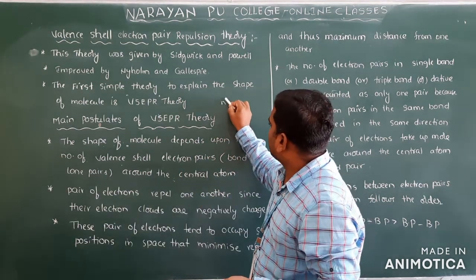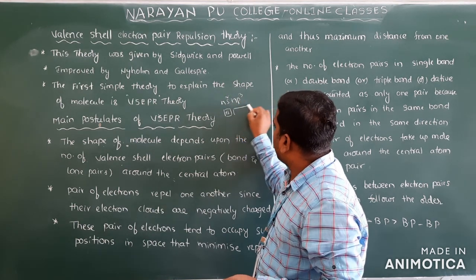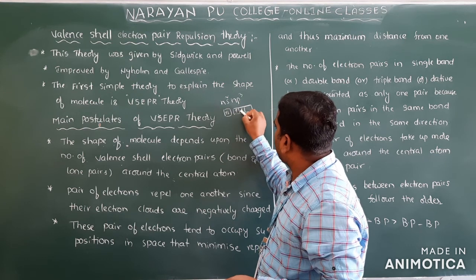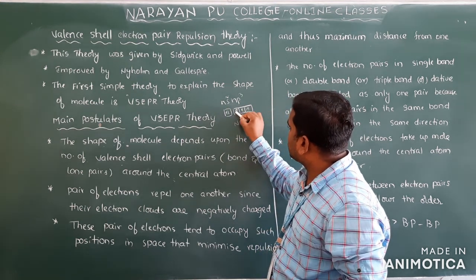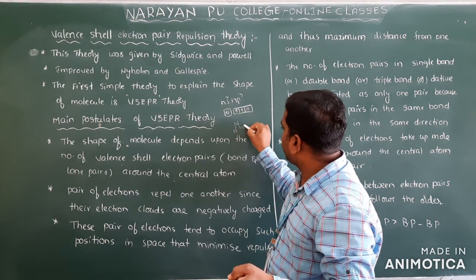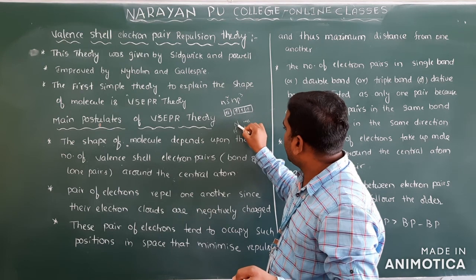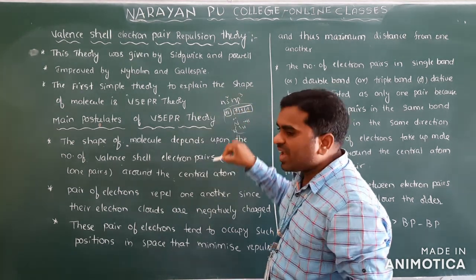Suppose NH3 is there. Here 2 electrons are there, and here how many electrons are there? 1, 2, 3. If I take ammonia, NH3, 3 bond pairs means these unpaired electrons only participate in the covalent bond formation. So it will form 3 bond pairs. Here 3 bond pairs and 1 lone pair. Means these are valence shell.